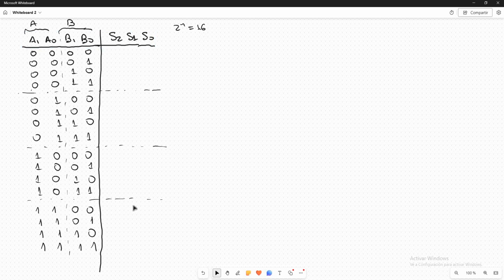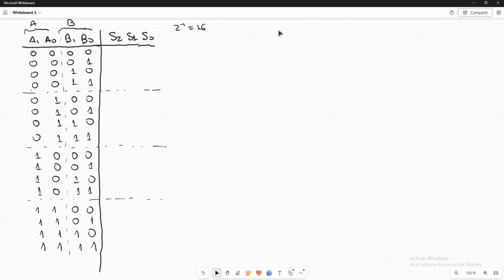So now we have to fill the truth table in the output using the problem definition, and the output has to be the sum of A plus B. So we do the sum and write here the result for every combination.